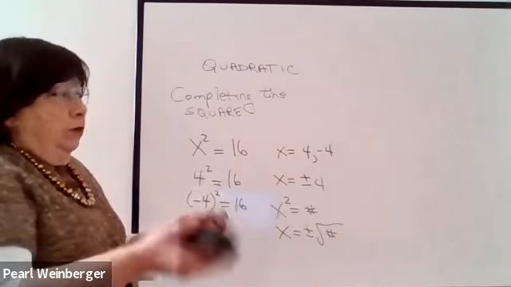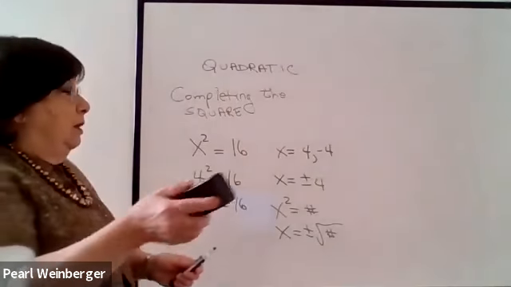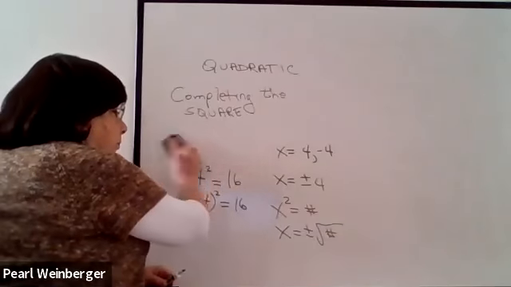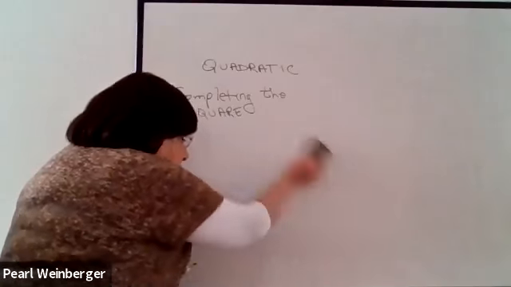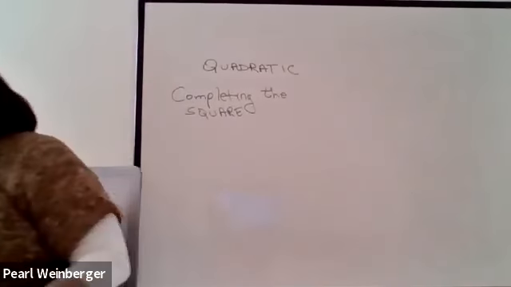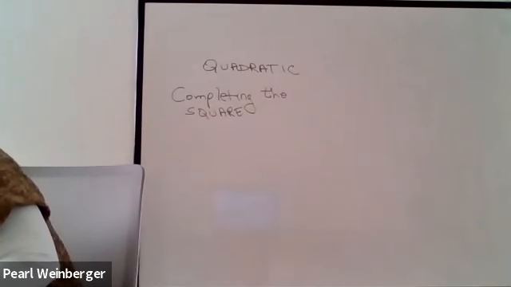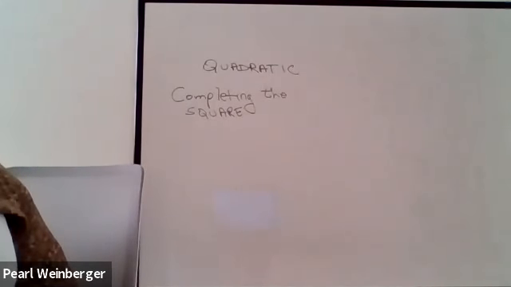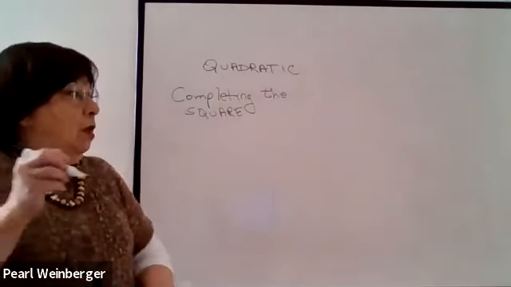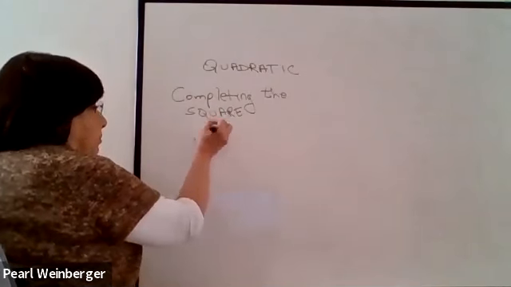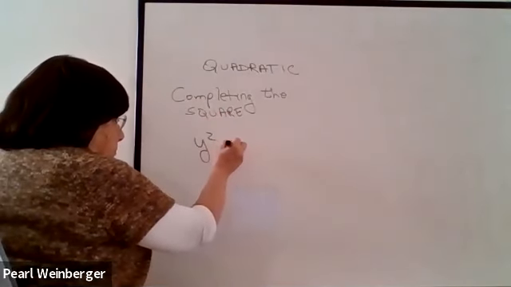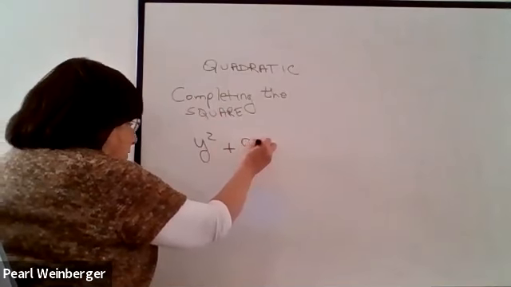I'll show you how we could do this with a little bit more complicated example. Let's say I have a question that looks like this. Suppose I have y squared, using a different letter, plus 9 equals 0.